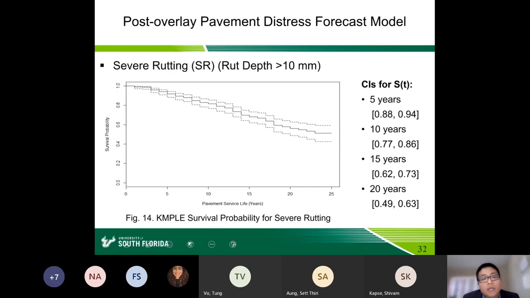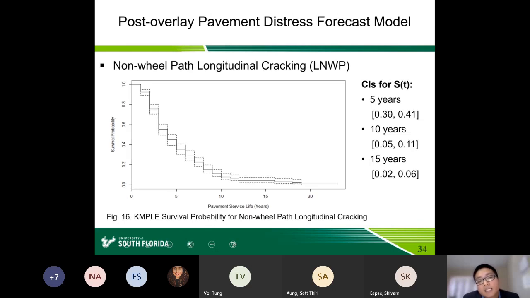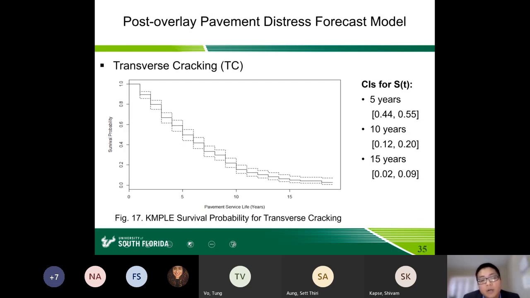And also, we can do this for severe rutting, wheel path longitudinal cracking, non-wheel path longitudinal cracking, and transverse cracking, different types of the cracking. And since this Kaplan-Meier product limit estimation survival probability is based on the actual data, this is a non-parametric survival analysis.